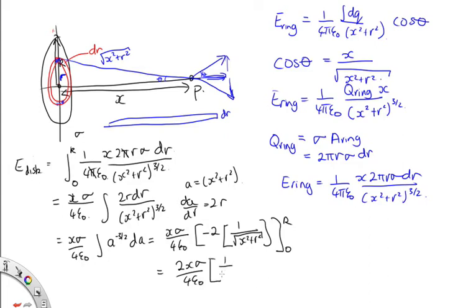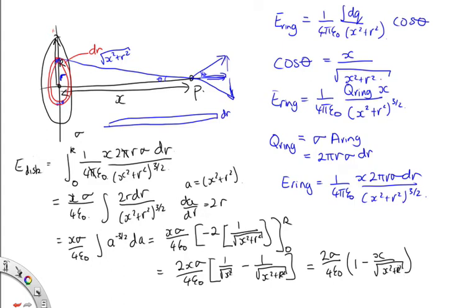So this is 1 over the square root of x squared minus 1 over the square root of x squared plus r squared. So this one here is 1 over x. We can write this as 2 sigma over 4 epsilon naught. If we put this x in here, x over x is 1, so this is 1 minus x over the square root of x squared plus r squared. So that's one way to write it.